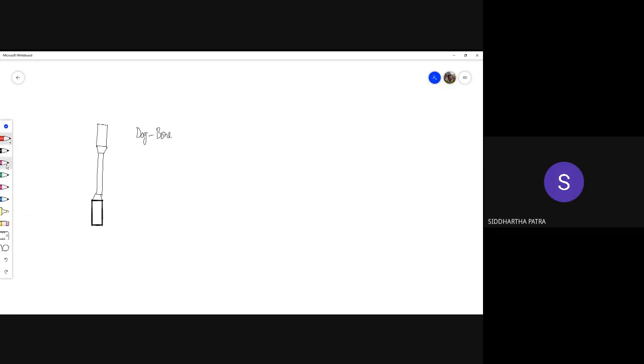Actually, the specimen would be gripped at these two locations. These are called crossheads.